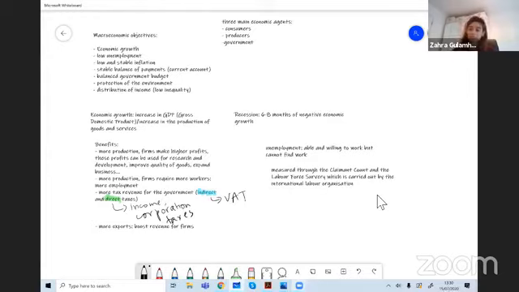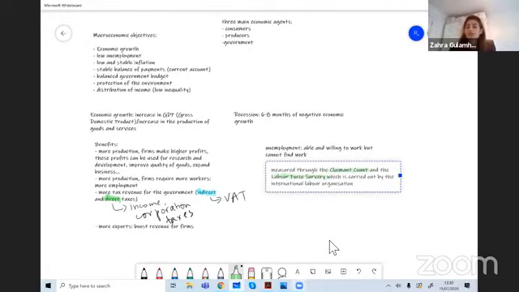Whereas the Claimant Count, which is this one here, okay, we've got two methods. What the Claimant Count does is it looks at the number of people claiming benefits. Now, that cannot be used to compare unemployment levels internationally for a couple of reasons.